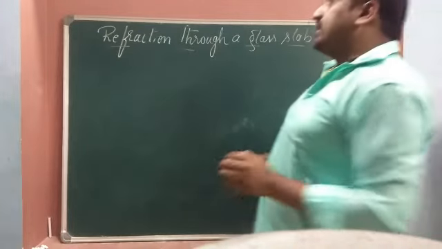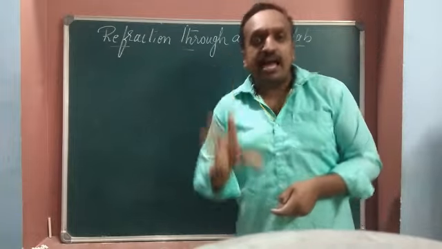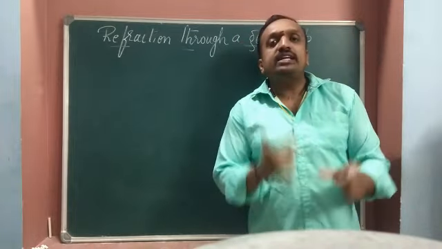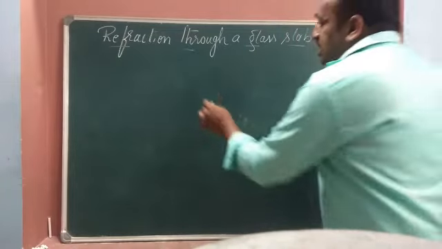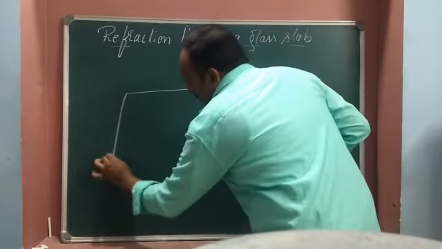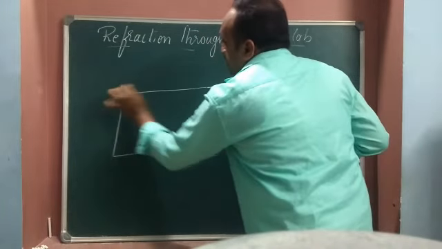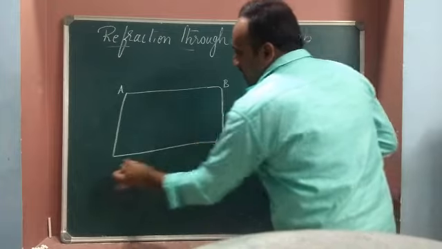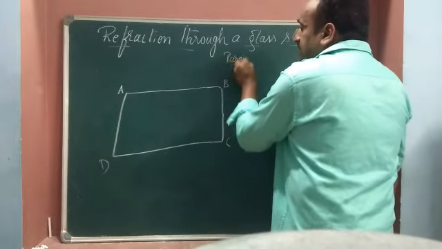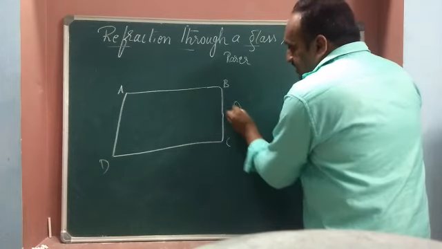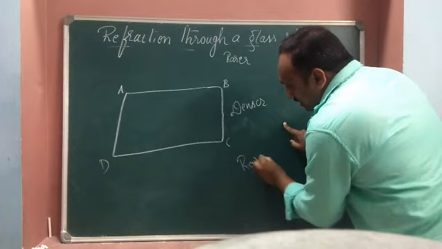Now I am going to explain to you the process of refraction of light through a rectangular glass slab. So let me draw a rectangular glass slab. Name it as A, B, C and D. So it is air, meaning rarer medium, glass is denser, again it is a rarer medium.